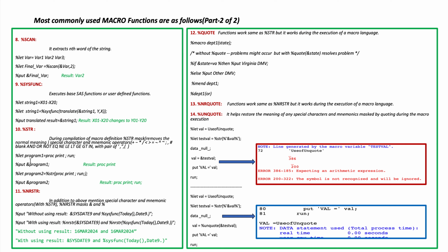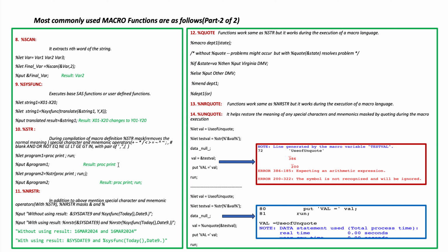That means program1 is a macro variable and its value is the SAS program proc print; run;. When we recall this macro variable, %put &program1, it will print simply proc print, because this semicolon indicates the end, so it will stop the program. As a result, we obtain proc print.